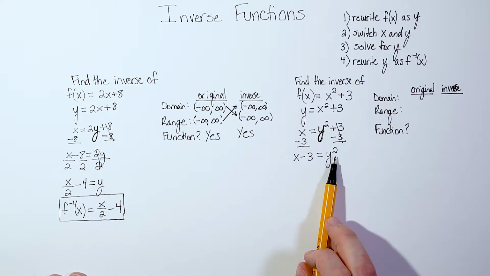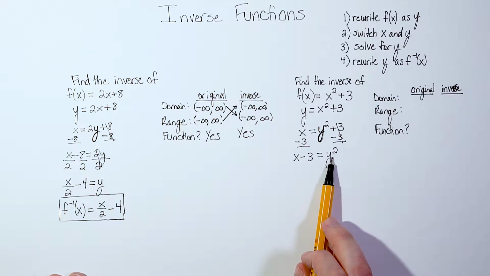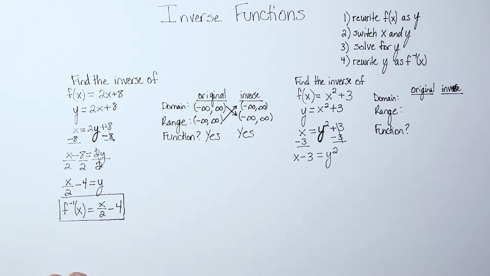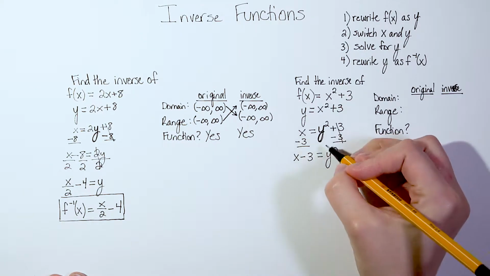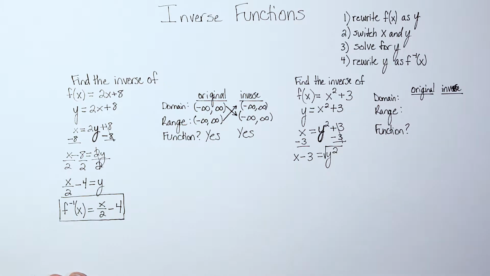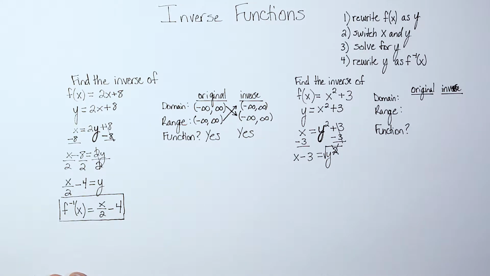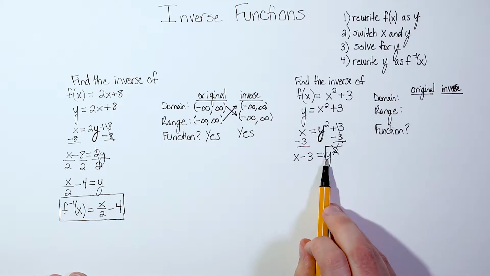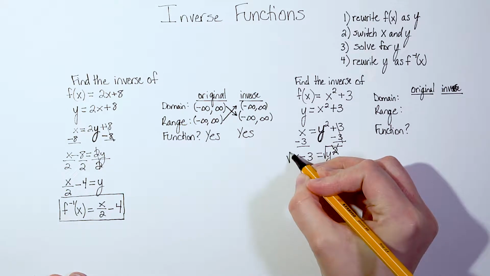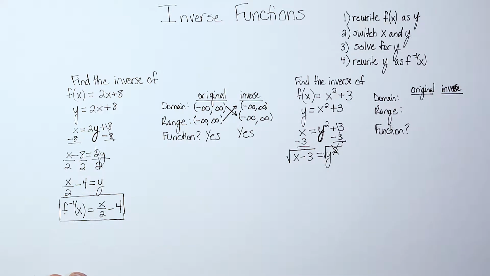So how do I get rid of that little 2? We have to remember that the inverse of a square is a square root. And when I take the square root of y squared, it's like canceling out that little 2. But I can't just take the square root of one side, right? I've always got to be fair in math. If I'm going to do the square root here, I've got to do it here as well.